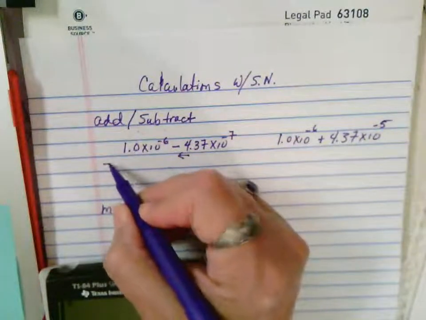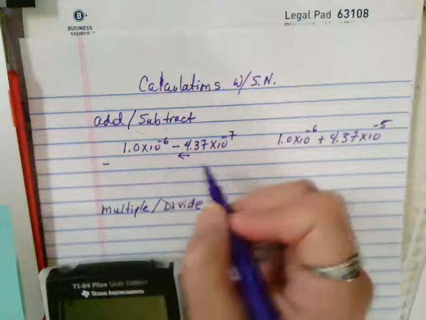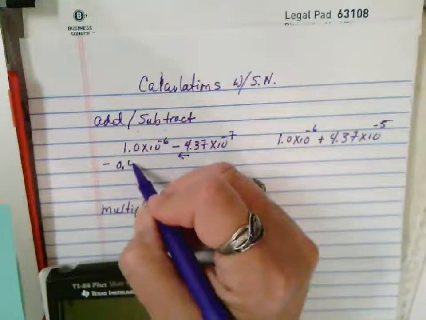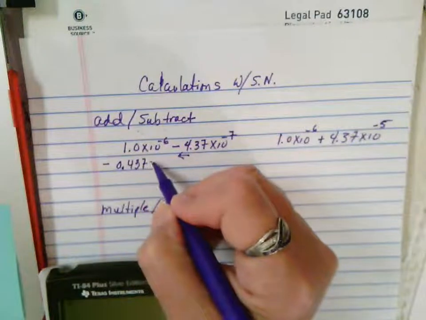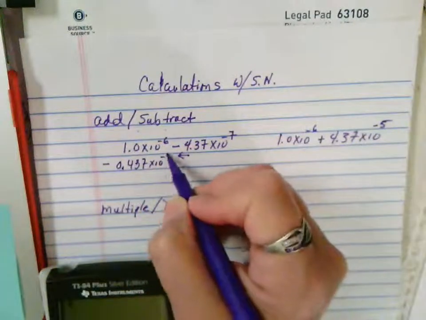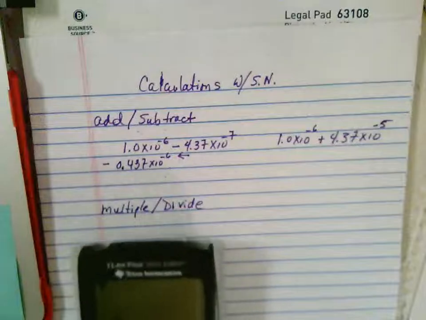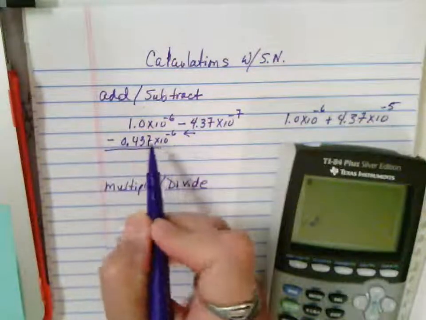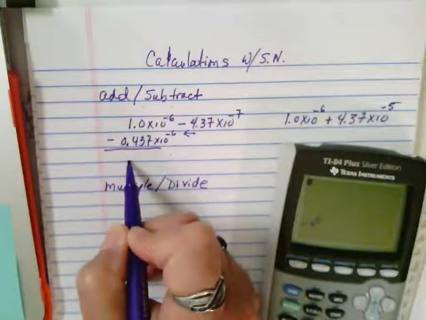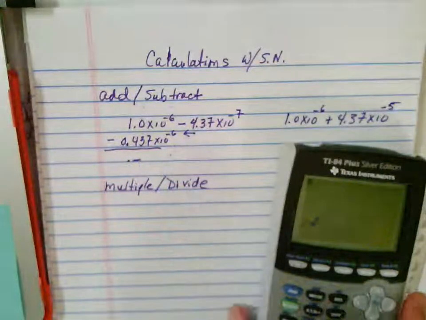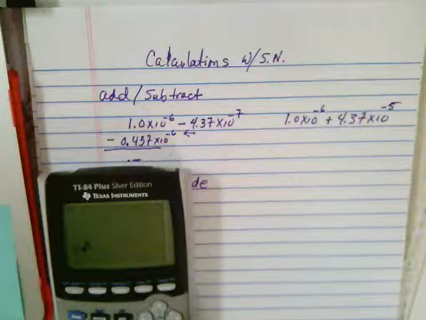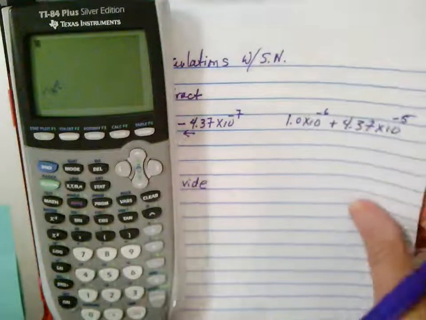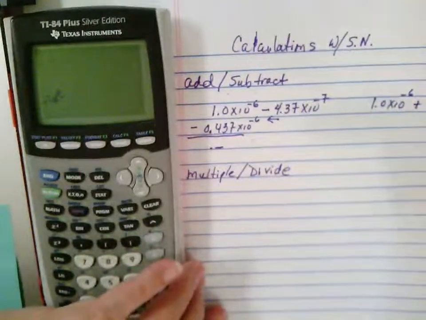So it would be 1.0 times 10 to the negative 6 minus 0.437 times 10 to the negative 6. Now I can put in my calculator the same way, but now I know where my significant figures are going to end, and I can only report 1 decimal place. So, to put it in my calculator, I need to slide this over a little bit so you can see it.